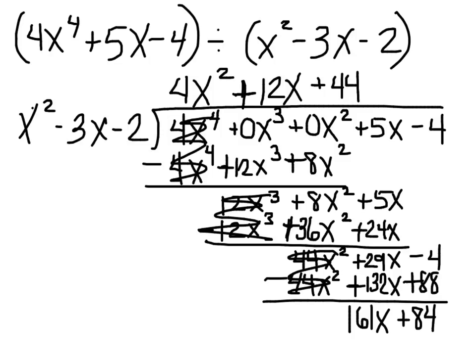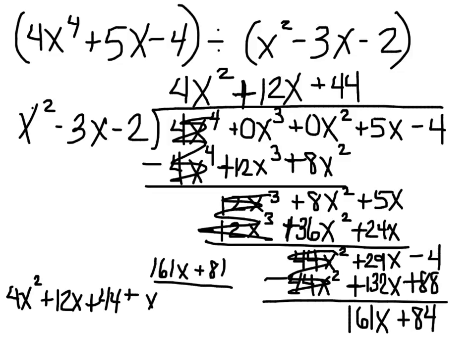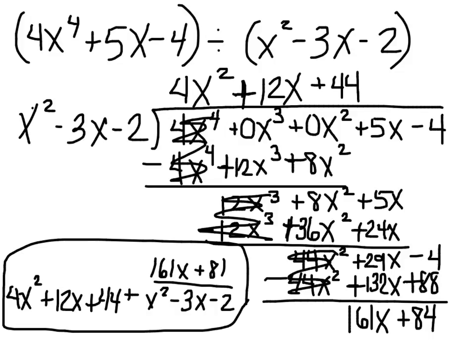So, here's my final answer: 4x squared plus 12x plus 44 plus 161x plus 84 over x squared minus 3x minus 2. When you write that, remember it's just the remainder that gets written over the divisor, not the quotient. Okay?